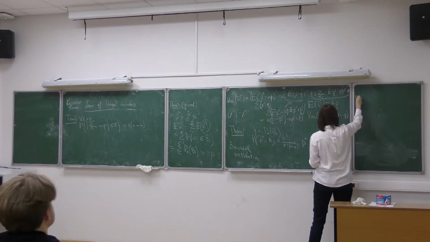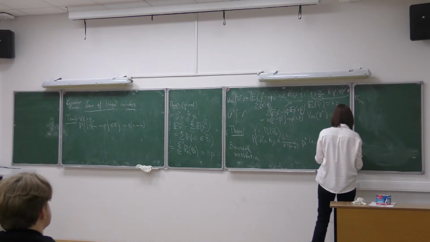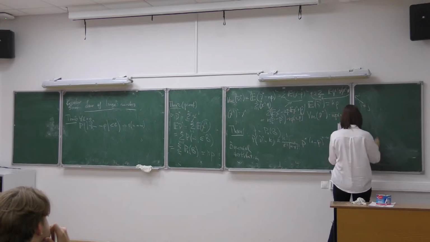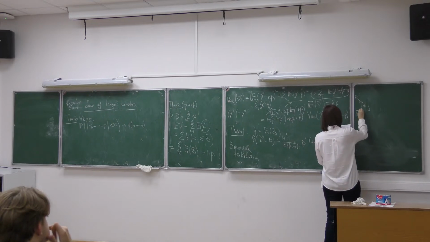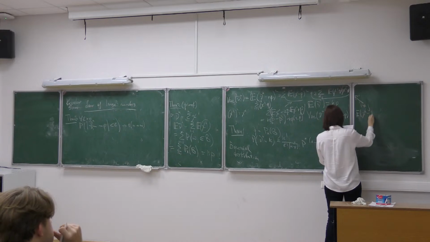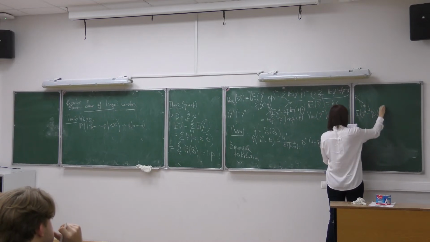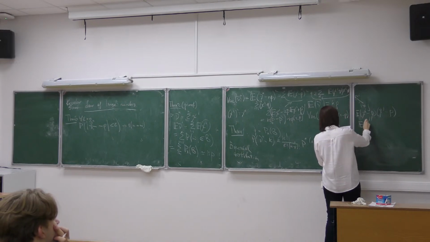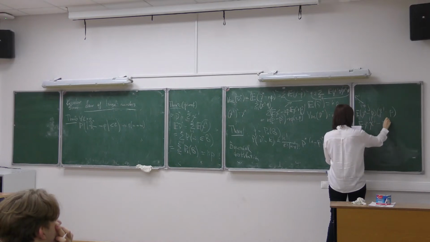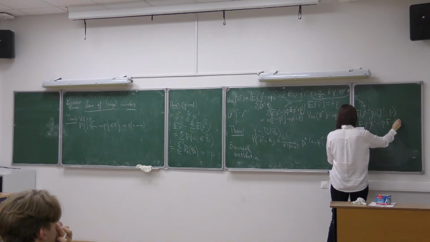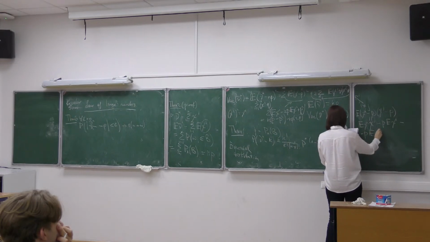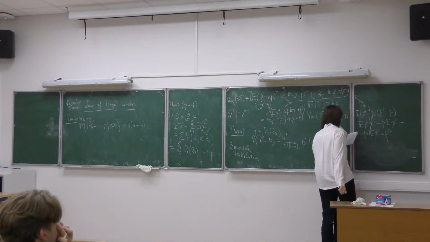But this is very simple, because we can use symmetry. We can say that if i and j are different, then this complicated guy can be simplified. We can say that we have a product here, minus p, this we know how to compute, minus p, we know how to compute, plus p squared.